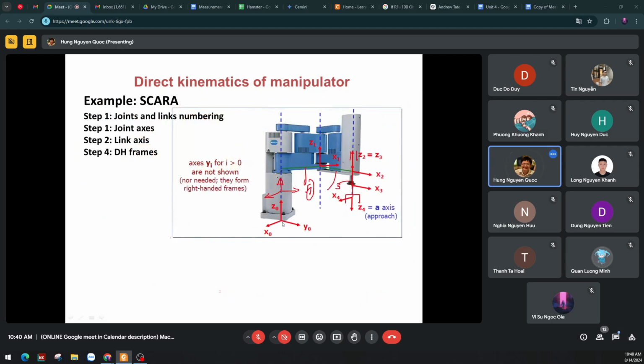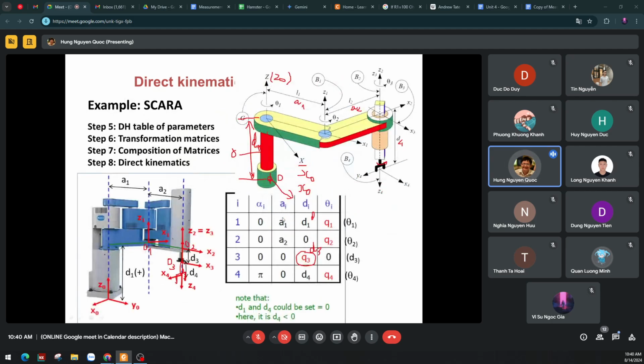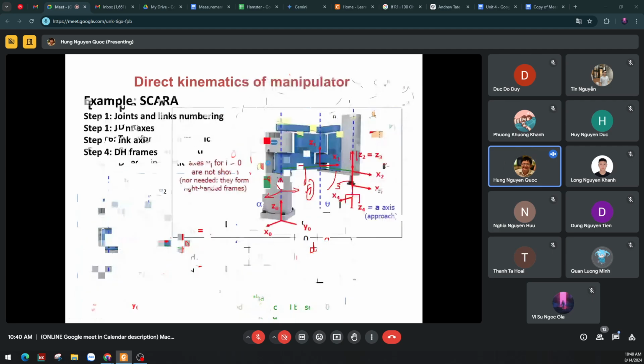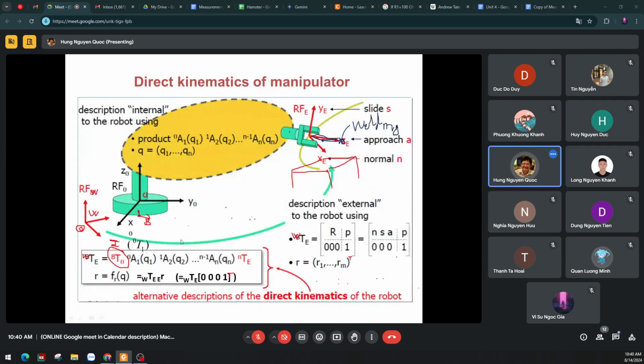In this case, for example, the 0 is here but the base is here, so the base and the 0 are different. It depends, but usually you choose the base and the 0 the same.